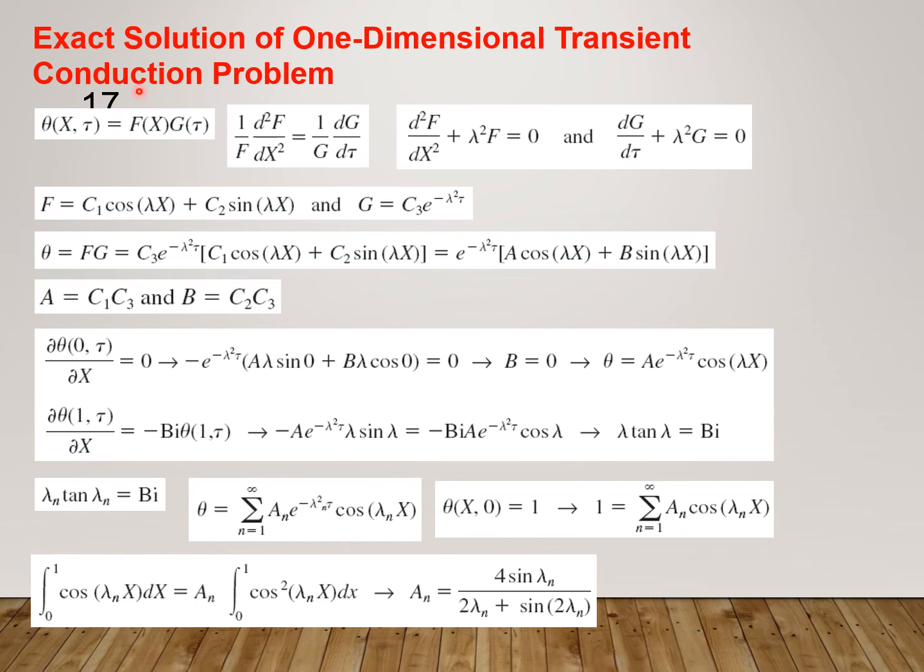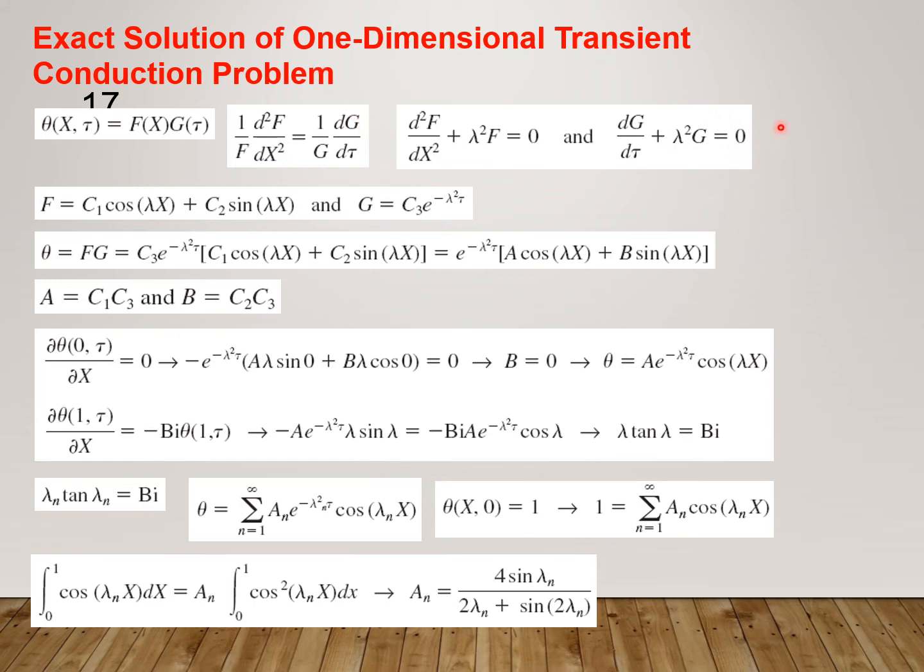So we consider theta as a function of capital X comma tau is equal to function of x and g of tau. So 1 by f d2 f upon dx square is equal to 1 by g dg upon d tau, and d2 f upon dx square plus lambda square f is equal to 0, and dg upon d tau plus lambda square g is equal to 0.